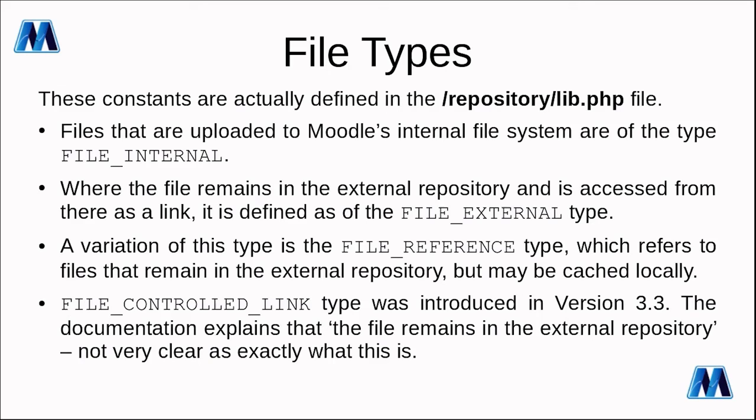And so you have to put in some functionality to keep that cache updated or synced with the actual file that's in the external repository. Then we've got the file controlled link. Now, I'm not quite sure what that is. It was introduced in version 3.3. The documentation says the file remains in the external repository, but it's not very clear what it is. So you'd probably look it up if you needed to use something like that.